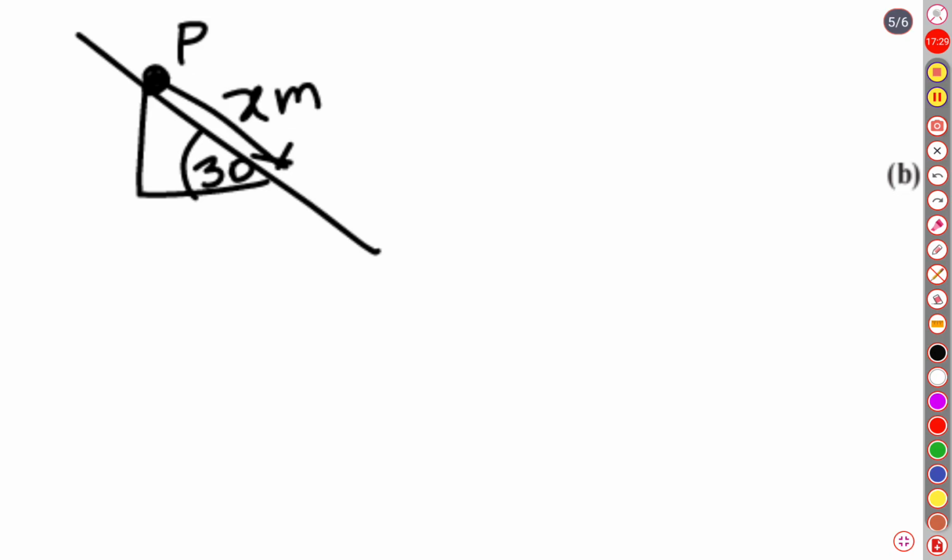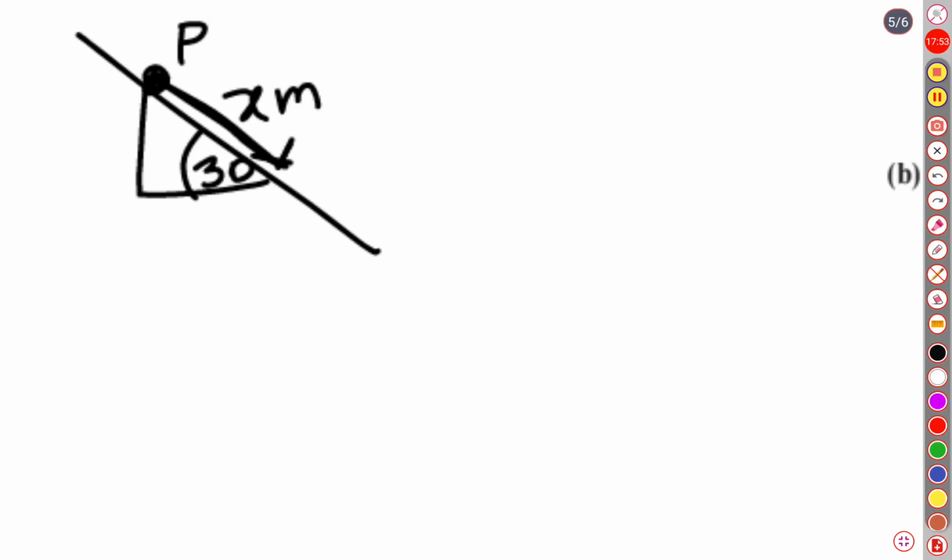So this is the distance traveled by P, but we require the height traveled by P. That means the initial and final height of the particle. Suppose this is the distance traveled, x. The same distance was traveled by Q also.